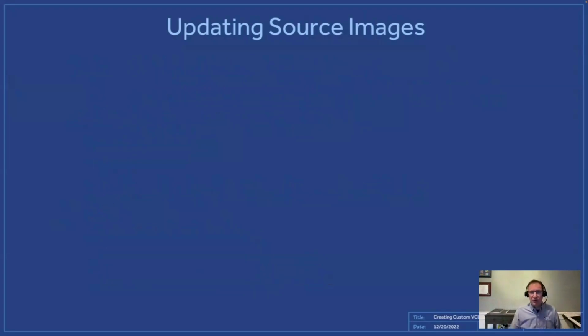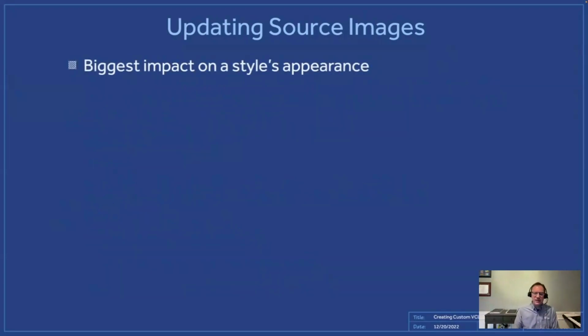So updating the source images has the biggest impact on the appearance of your style, because Windows itself operates like this, like pretty much every OS, whether it's iOS, Android, or Mac. There's a set of source images that provide the control rendering that is used to present controls.